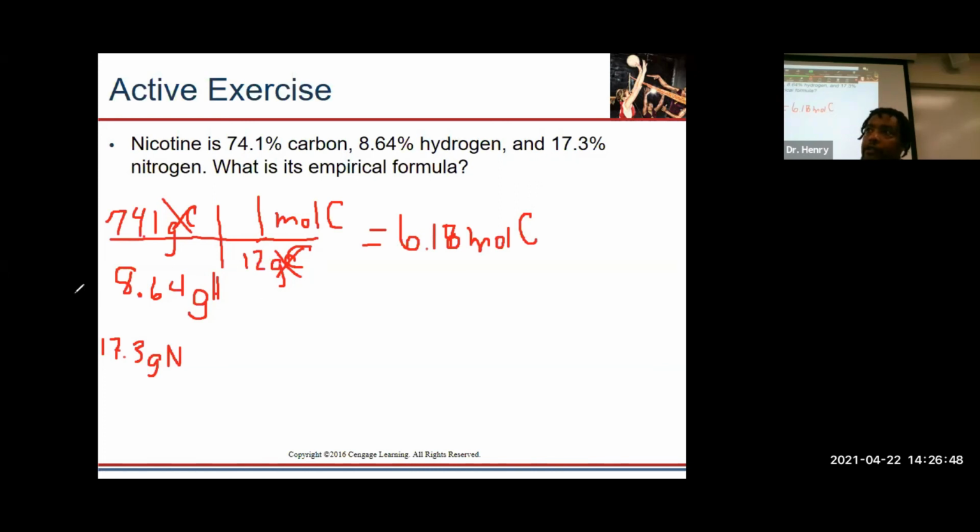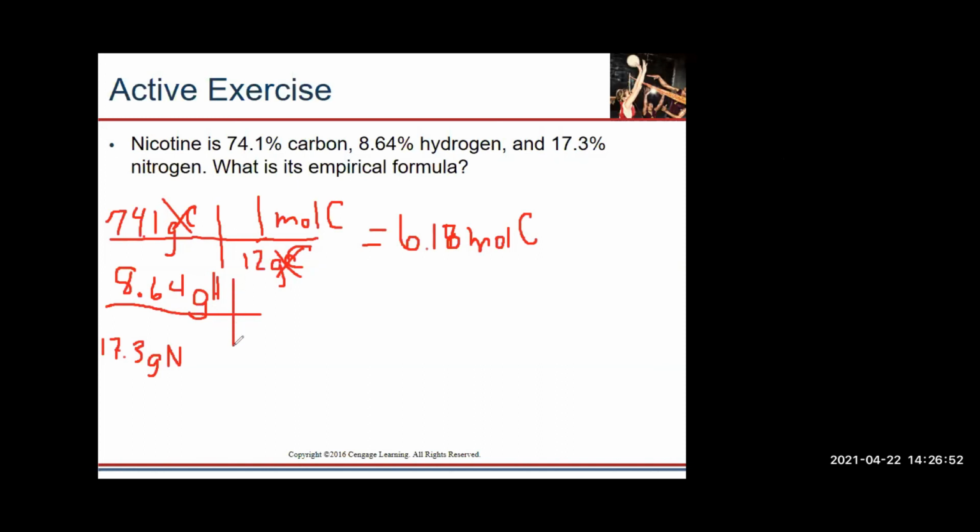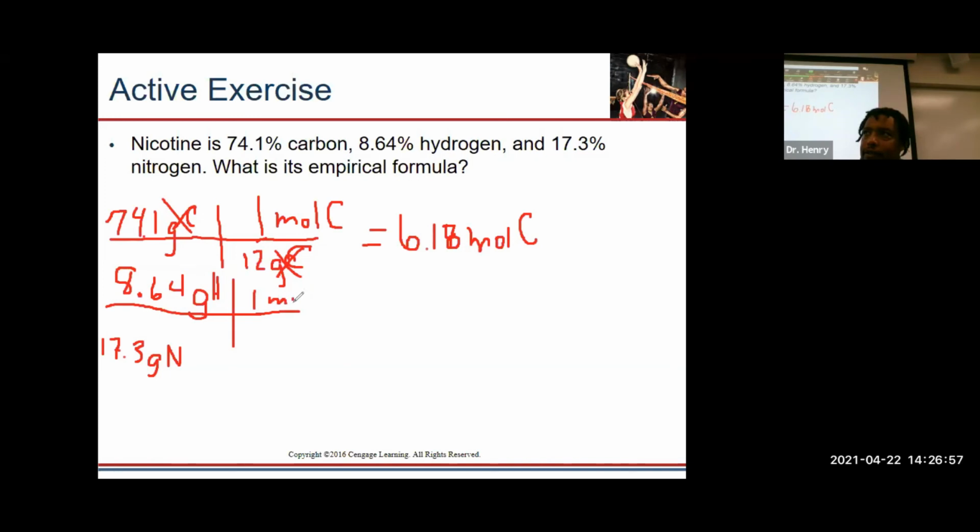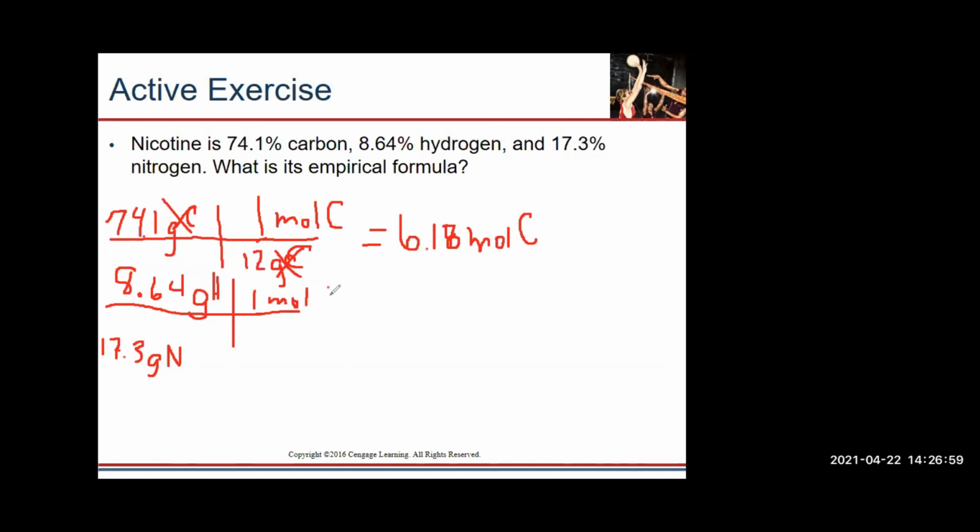Okay, now for hydrogen. 1 gram per 1 mole, so that equals 8.64 moles of hydrogen.